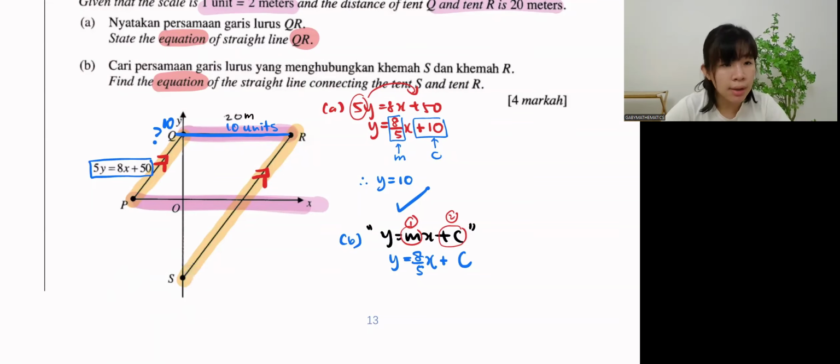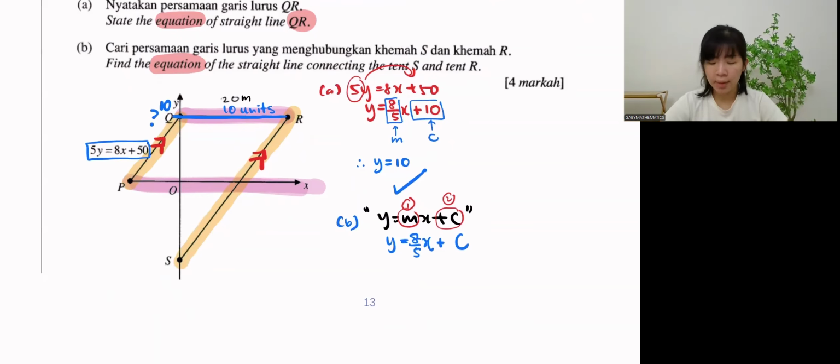So if it's not given, how do we find it? Always sub, correct? You need to sub a point. Which point? You have to use a coordinate that is on this line. Any coordinate, but it must be on this line.